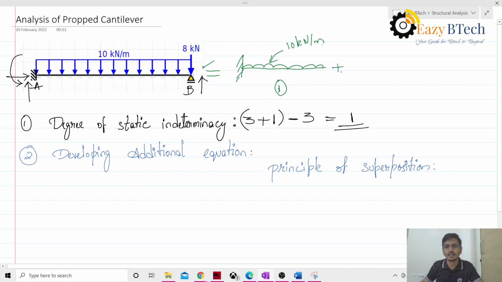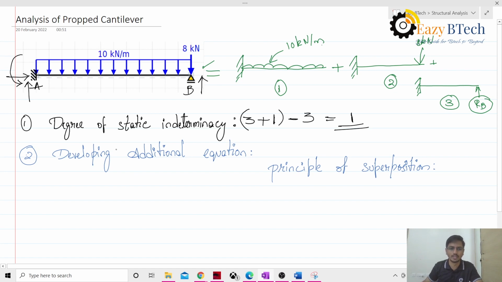Then in the second step, we take a simple cantilever with a point load of 8 kilonewton at N. We'll get the deflection at this. Then in the third step, we take a cantilever with a reaction RB, which we assume is acting in the upward direction. We'll get the deflection. Since at point B the deflection is 0, we equate the sum of the deflections of these three simple structures to 0. From that, I can evaluate RB.